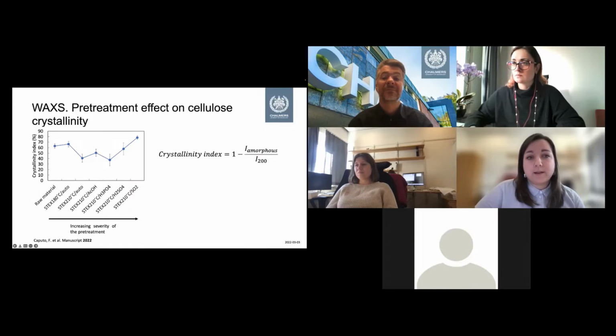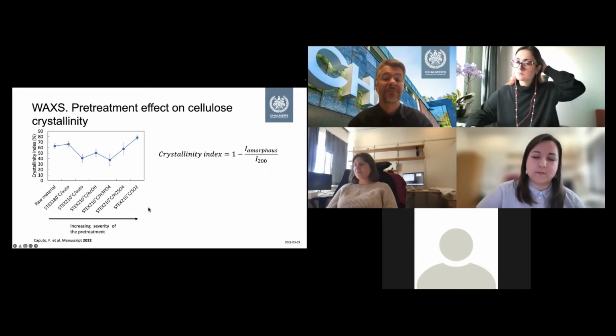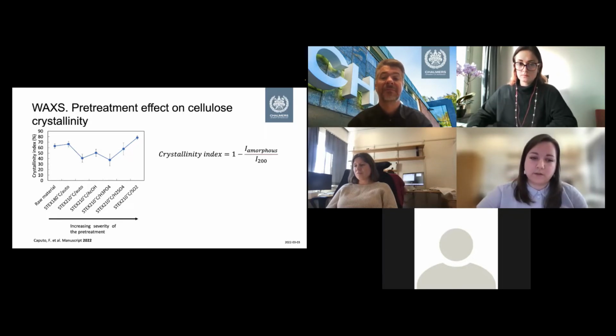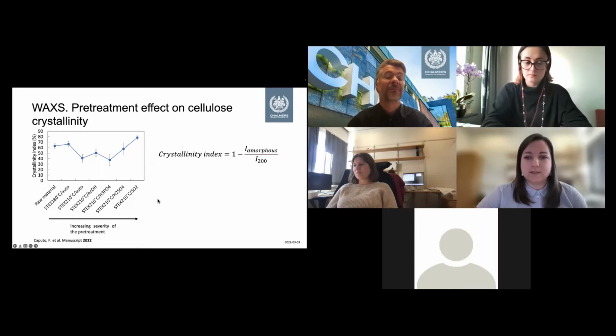So we calculated cellulose crystallinity affected by different treatments on wood pieces. However, we did not really see a clear effect of the severity of the pretreatment on cellulose crystallinity, and that could be due to the fact that the crystallinity index is calculated from both the amorphous part as well as the crystalline peak.